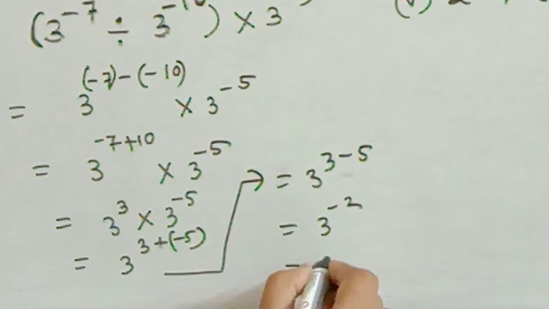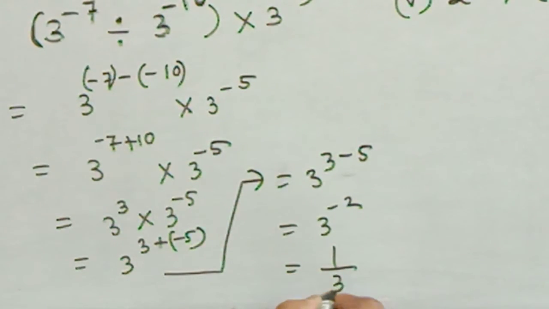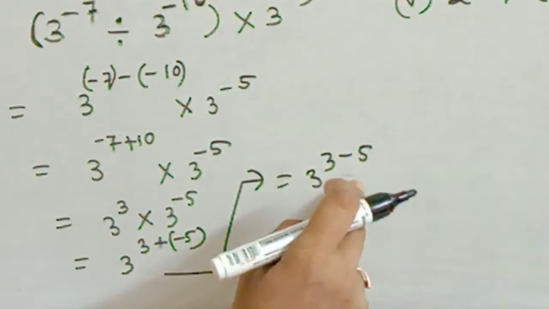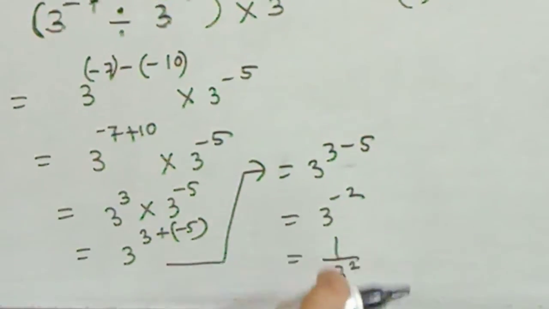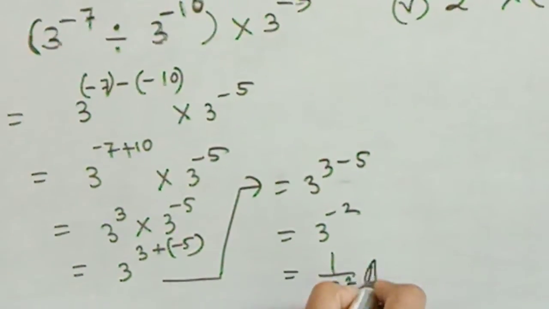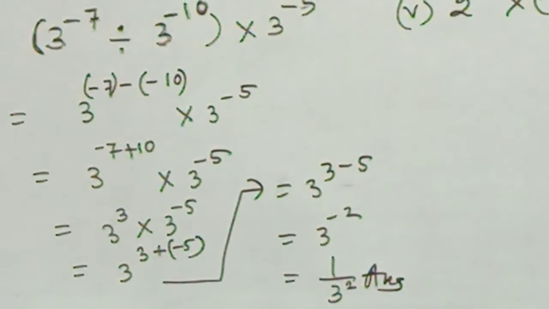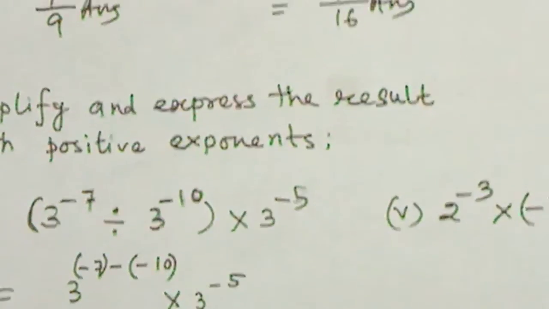Or with positive exponents you need to write, 3 to the power minus 2, that is 1 by 3 to the power positive 2. Understood? Come to the next sum.